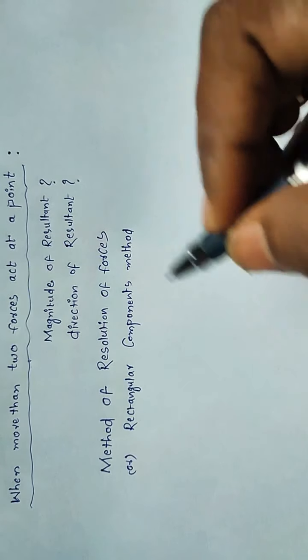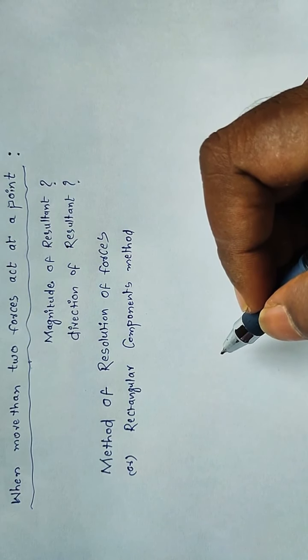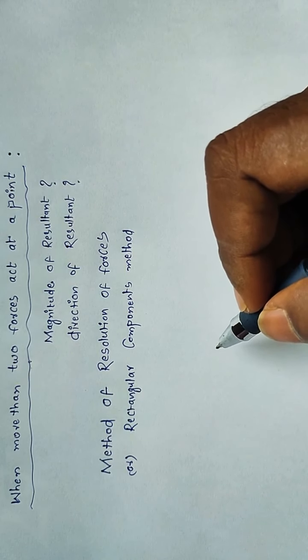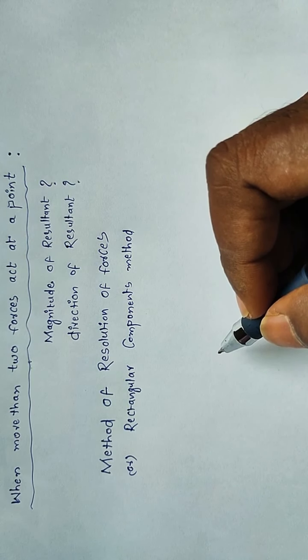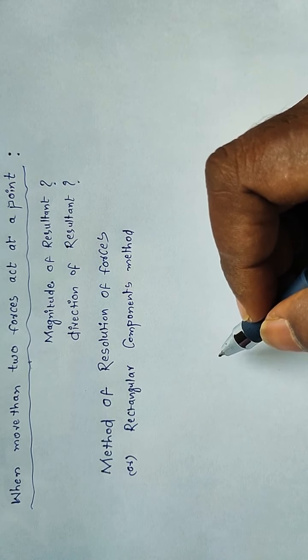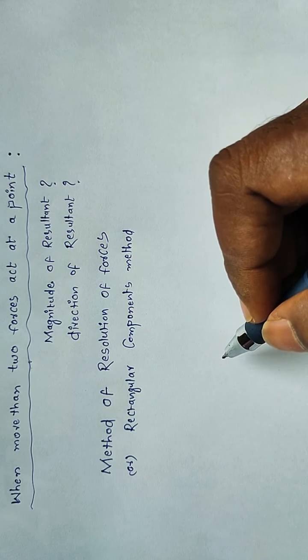So according to this method, all the forces acting at a point are resolved into horizontal and vertical components, and then the algebraic sum of all those horizontal and vertical components can be calculated separately.